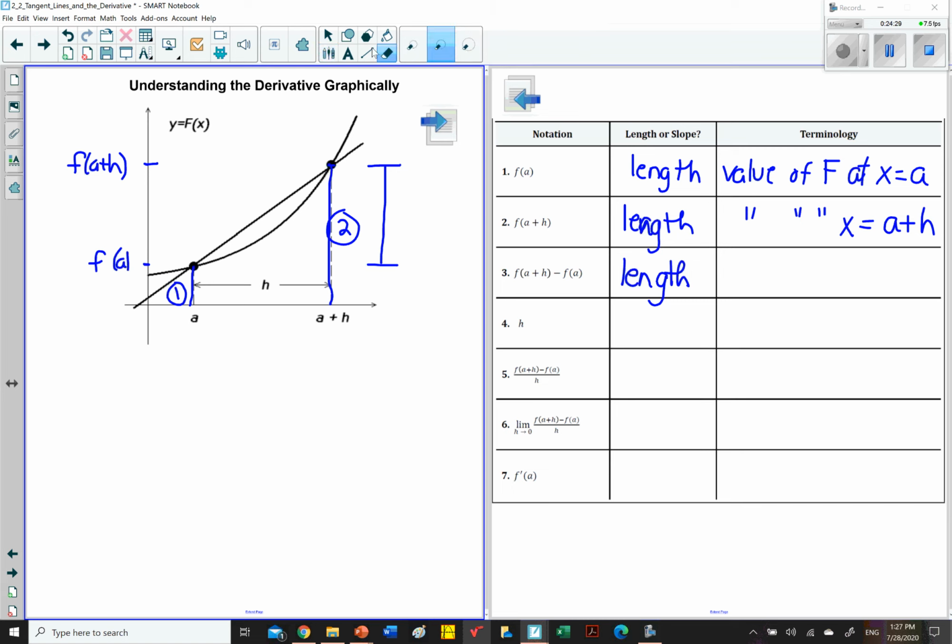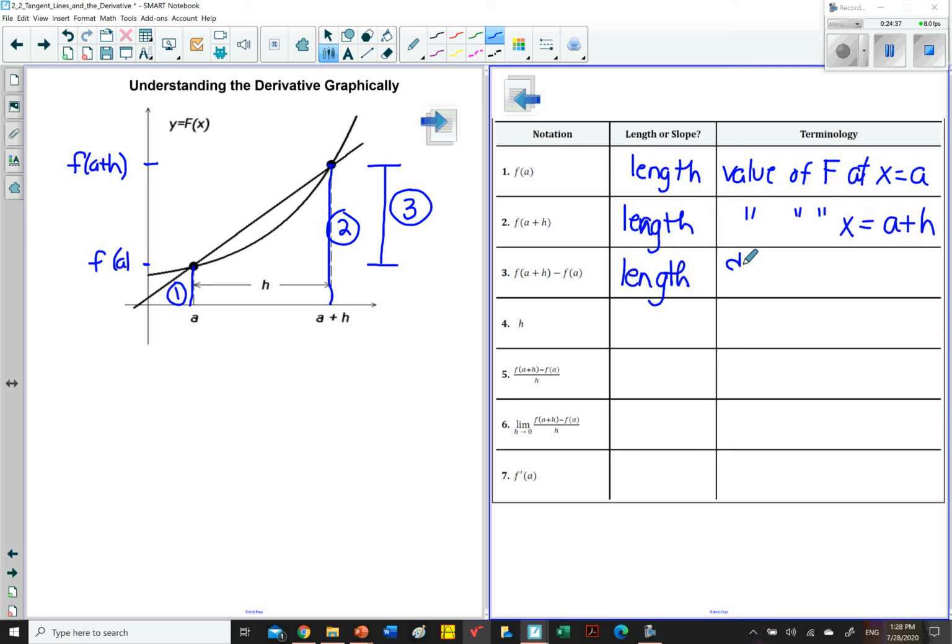So that little segment right there, that would be the length of f of a plus h minus f of a. It's a length, and it's the difference in the y values. I'm having a hard time writing over here. I would say the difference in the y values for the function capital F between a plus h and A, if you wanted to write that out.